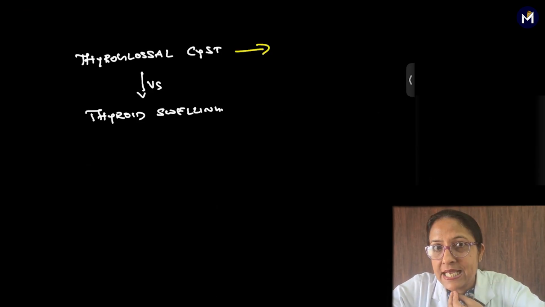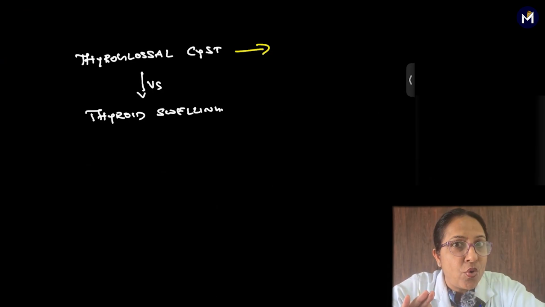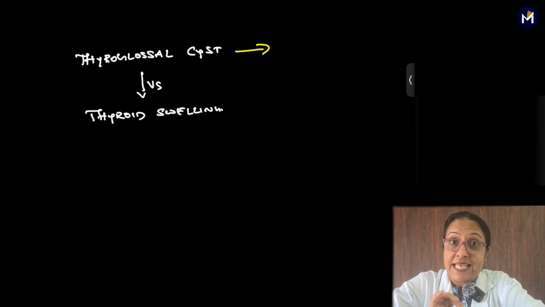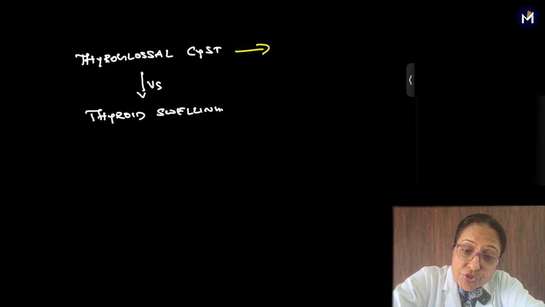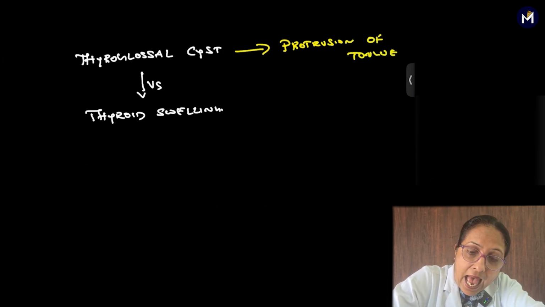It is cystic and it lies somewhere at the level of the hyoid bone or slightly below the hyoid bone, but very characteristic is it moves during movement of the tongue, that is protrusion of the tongue. It moves and also during swallowing.